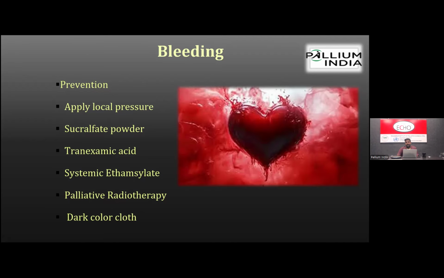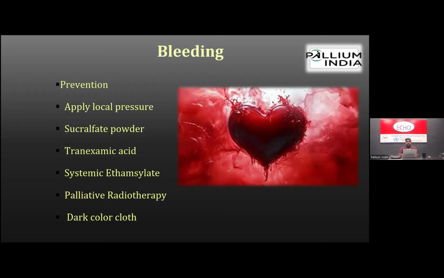If there is any role for palliative radiotherapy for bleeding control, to improve the quality of life, only then can we proceed or facilitate palliative radiotherapy, or otherwise leave it. Then, dark colored cloth: we need to educate and empower the patient and family to understand the importance of keeping dark colored clothes nearby the patient, because the patient may end up with profuse bleeding.